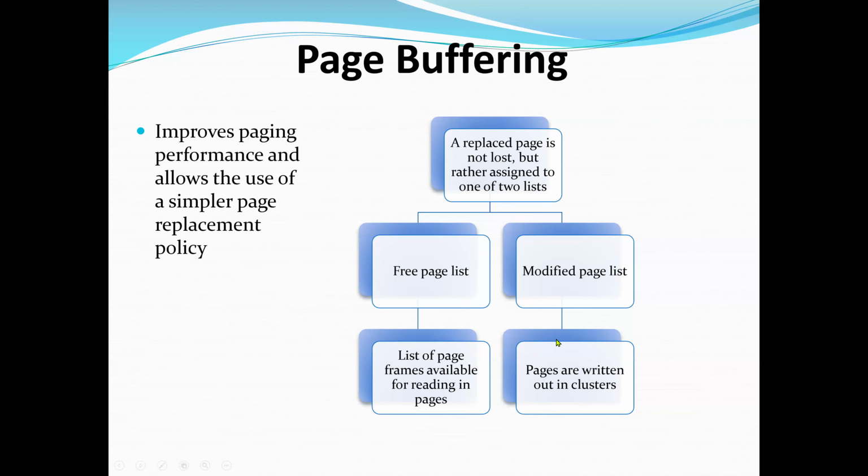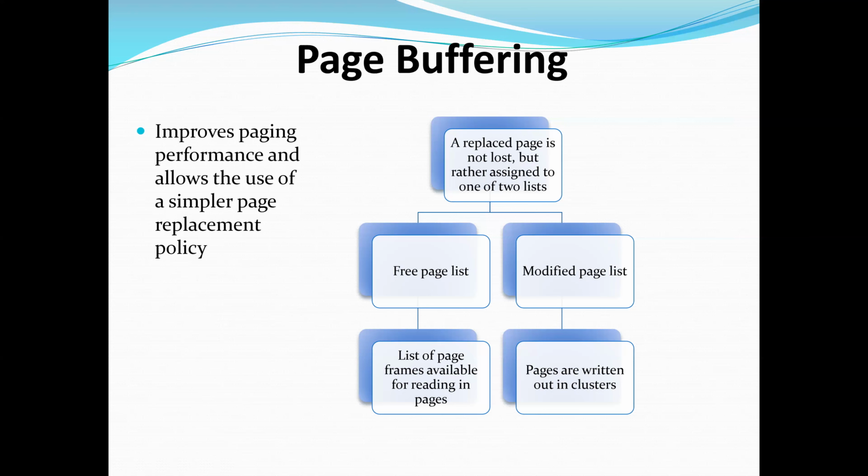We should note that the page is not physically moved about in memory. Instead, the entry in the page table for this page is removed and placed in either the free or modified page list. So again, the most important aspect of this concept is that the page to be replaced remains in main memory.